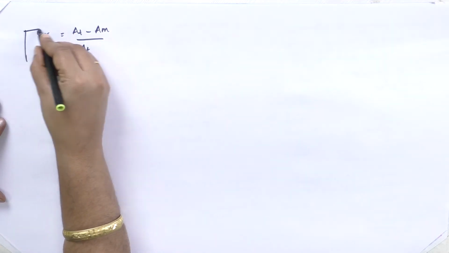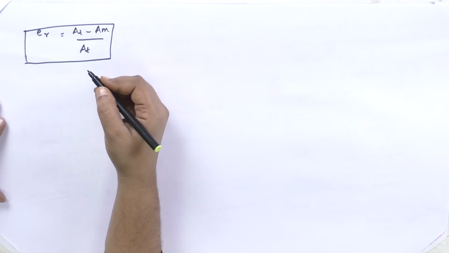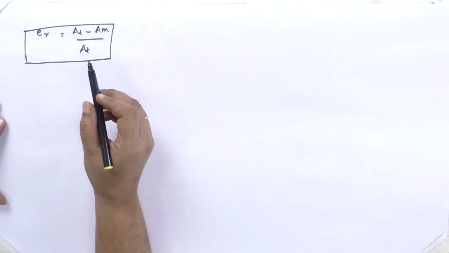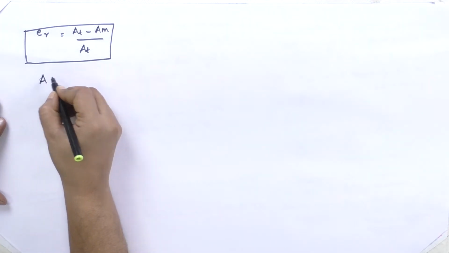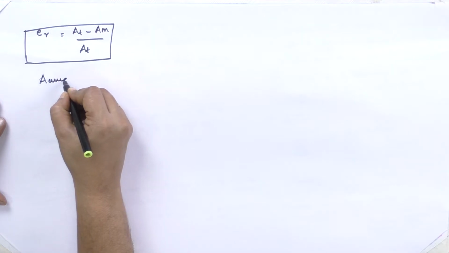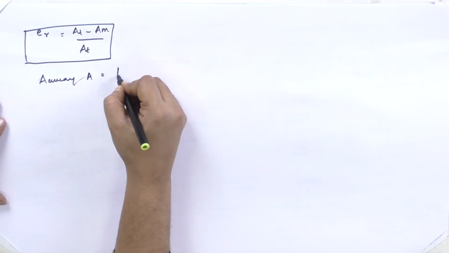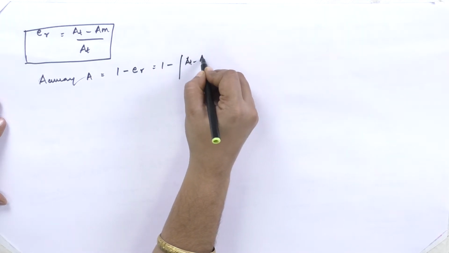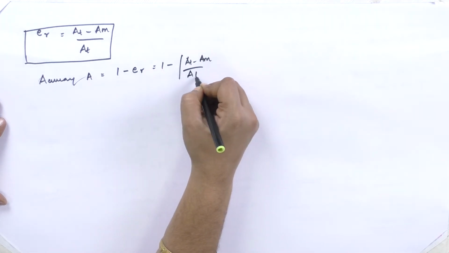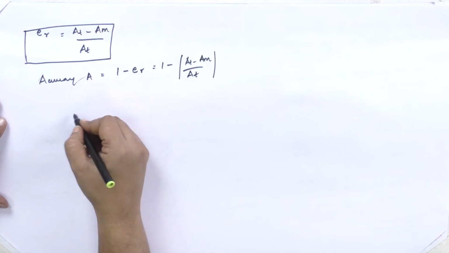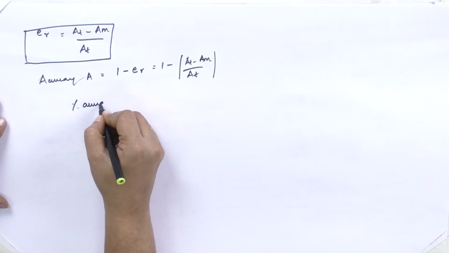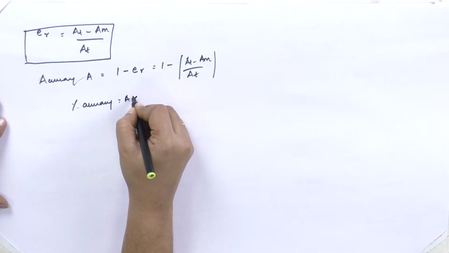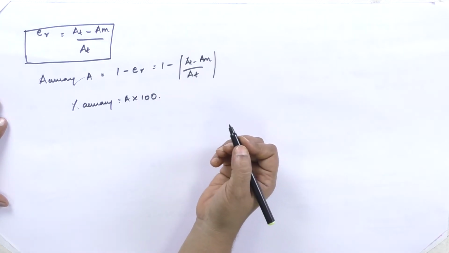For relative error, the accuracy A is equal to 1 minus ER, which is 1 minus (AT minus AM) divided by AT. The percentage accuracy can be written as A into 100.